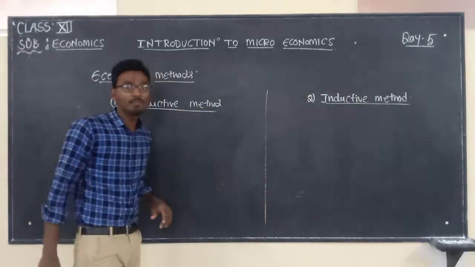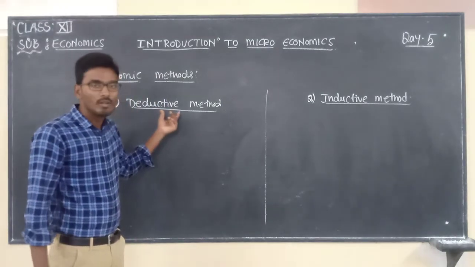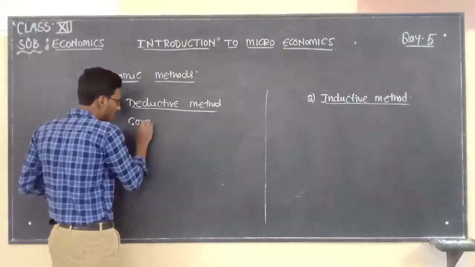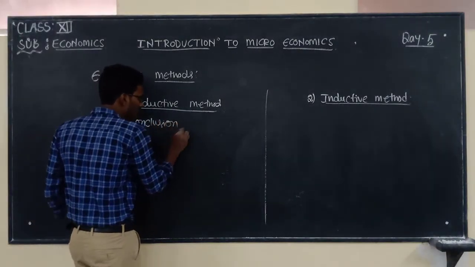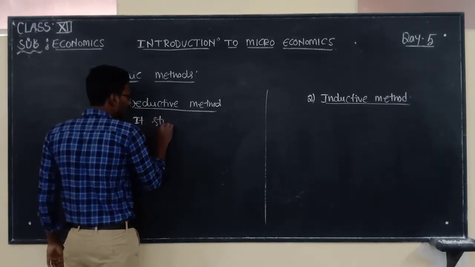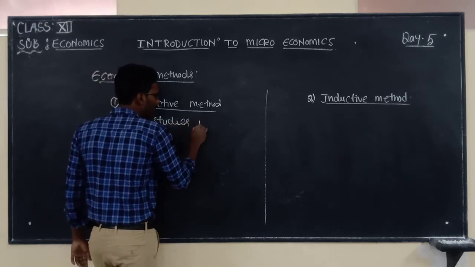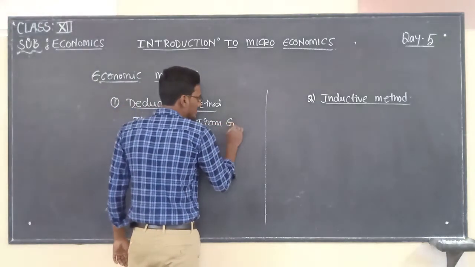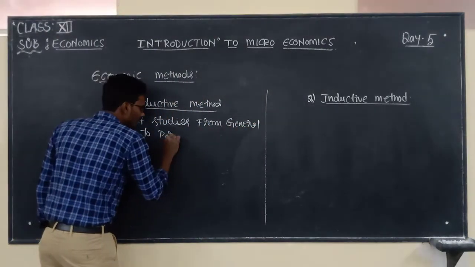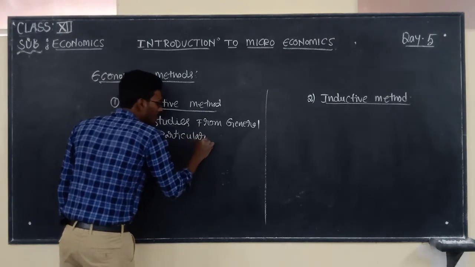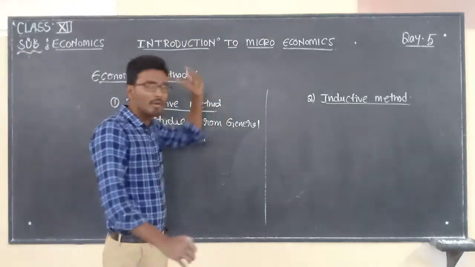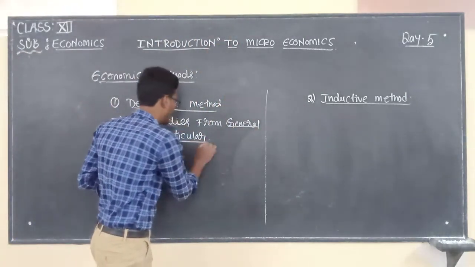What is the difference between these two methods? Look at the point carefully. In the deductive method, the conclusion is drawn from general to particular. It studies from the general point of view to the particular point of view.